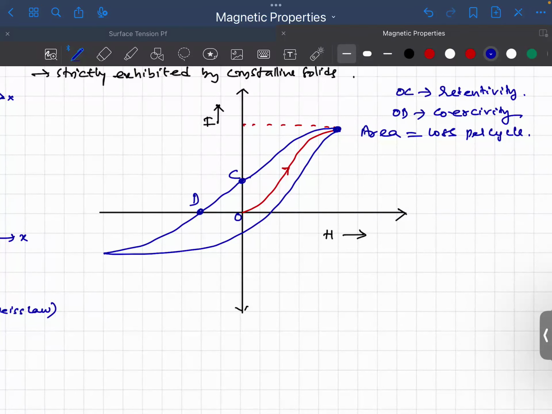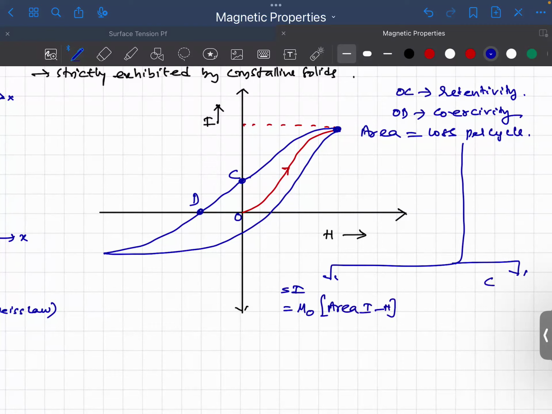Now one important observation. See, the loss is also measured two ways. In SI units, it is mu naught times the area of the IH loop.